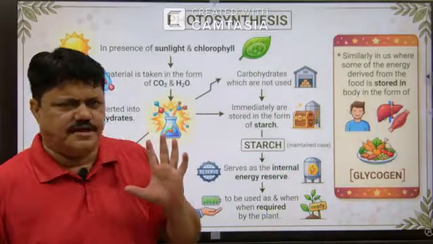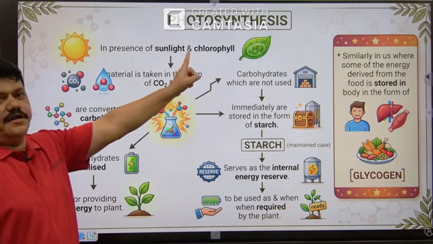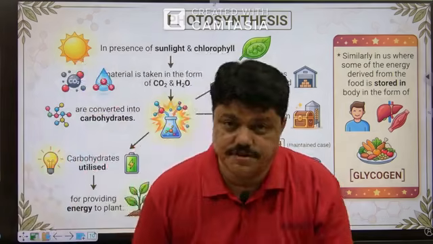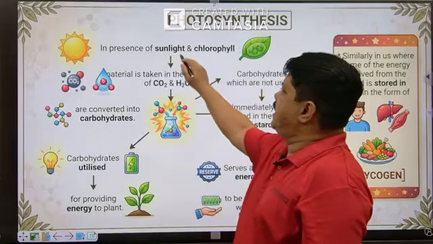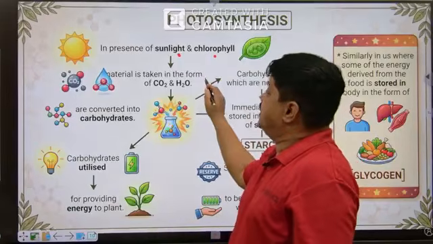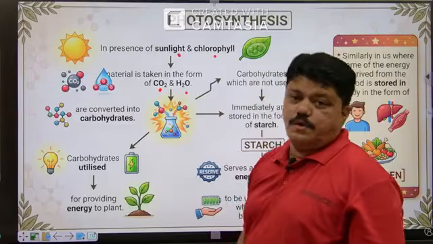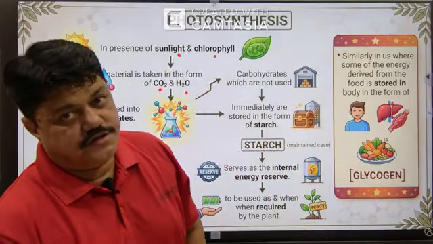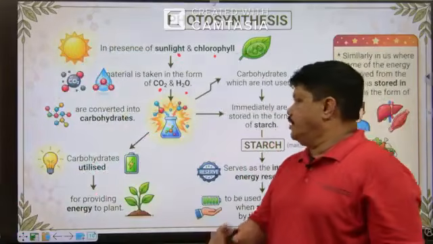Simple, in three steps. First, in presence of sunlight and chlorophyll, these both conditions are a must to perform photosynthesis. So in presence of sunlight and chlorophyll, material is taken in the form of CO2 and H2O. As we discussed earlier, these are inorganic sources, atmospheric CO2 and H2O from soil water.